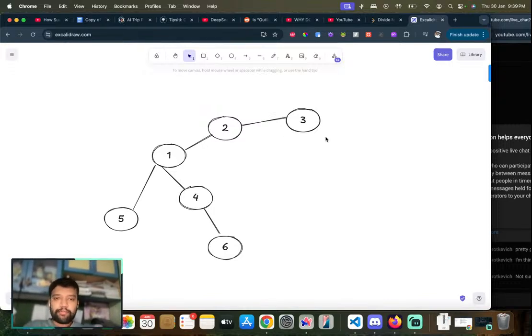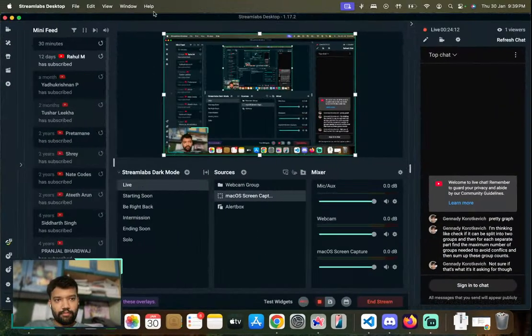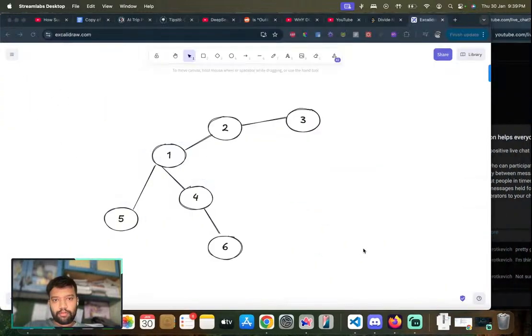Maximum height from this point, from any point. Maximum height from any point. Maximum height from any point.